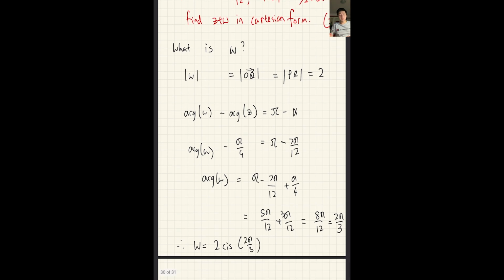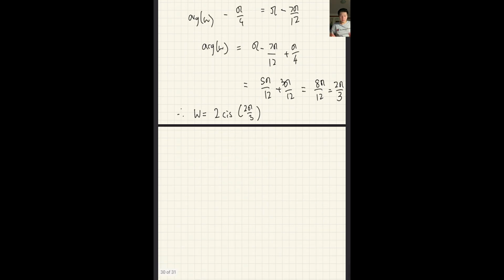Cool. Now all we have to do is put them into Cartesian form and add them up, and that gives us the answer. So z plus w will give us 2 cis 2 pi on 3 plus 3 cis pi on 4. I wrote them in the backwards order, but it's the same idea.